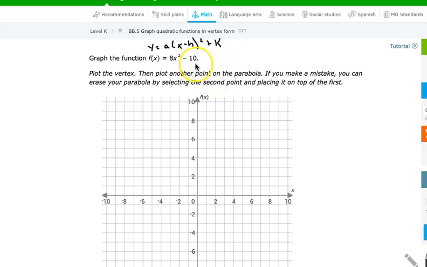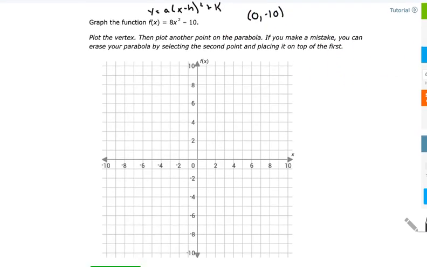So my vertex is, well, what's being added or subtracted to the x, so that would be inside parentheses. Since there's nothing in parentheses, that means that the h must be 0, and the k, what's being added to the end, is negative 10. So that means that my vertex would be at 0, negative 10.